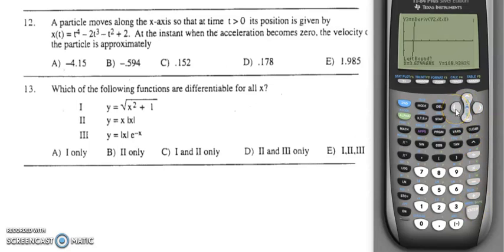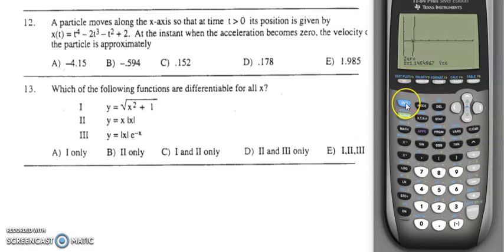Left bound, I need to come to the left of that number, which looks to be about 1 point something. Keep on clicking left, and there's my cursor. Okay, left bound, then right bound, guess, and it's at x equals 1.1455.